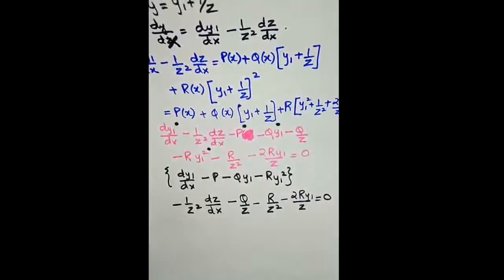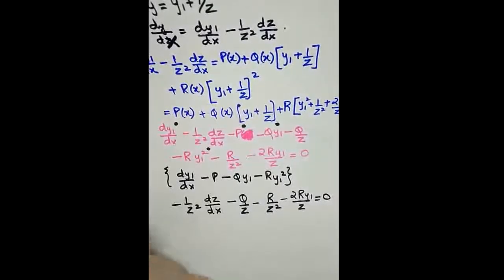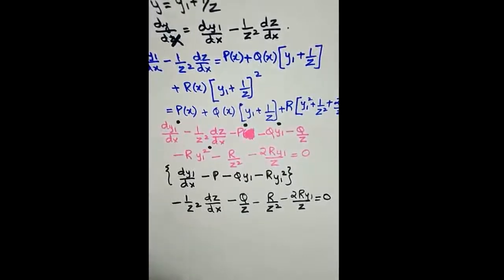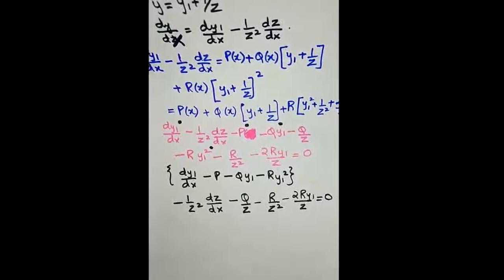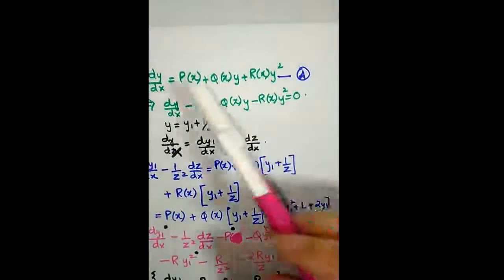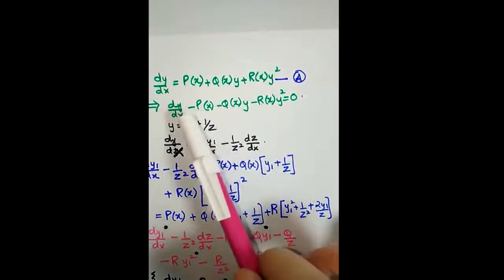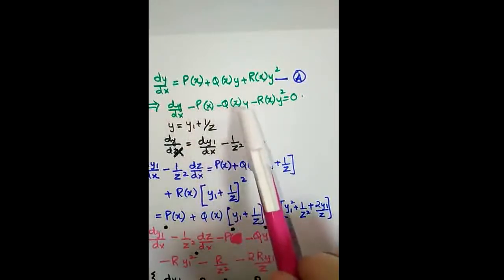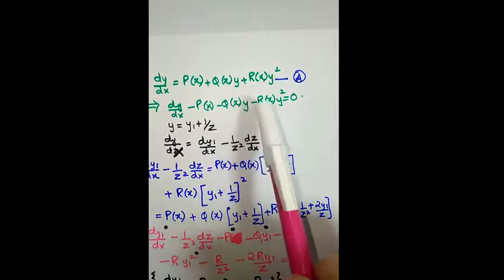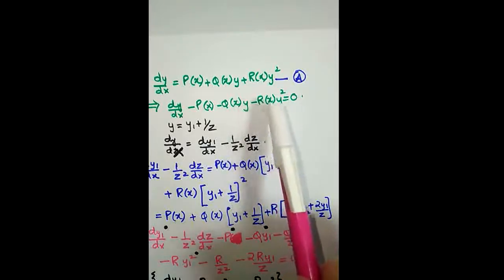Okay, the purpose of combining these terms is that I have assumed in the start that y1 is a particular solution. If y1 is a particular solution, then it satisfies this equation A, and this equation can be written as dy by dx minus p of x minus q of x into y minus r of x into y square.